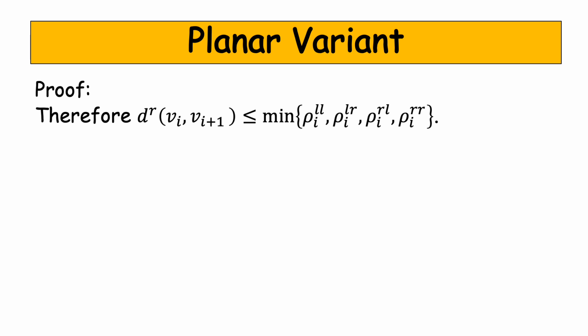Therefore, the shortest path from VI to VI plus 1 is no greater than every term in the right-hand side, and we have this inequality.